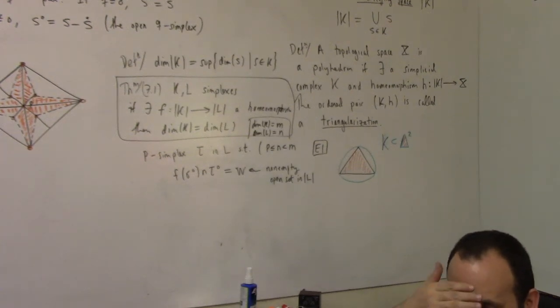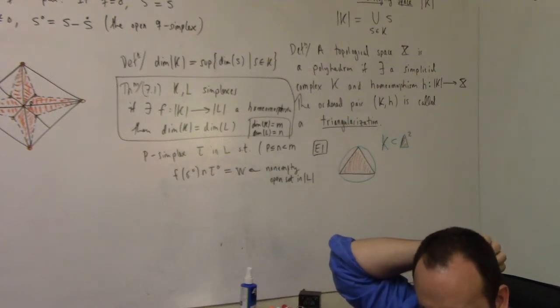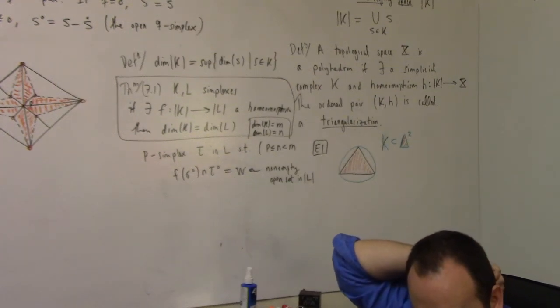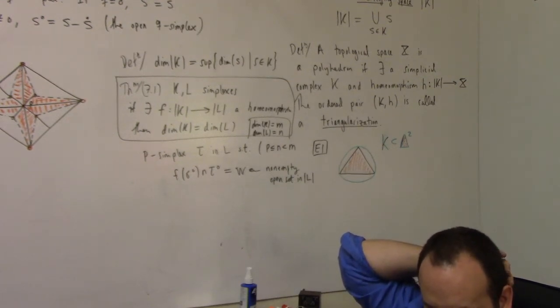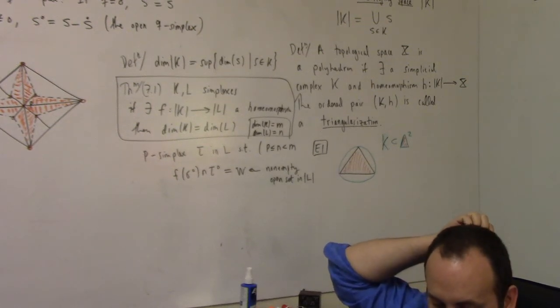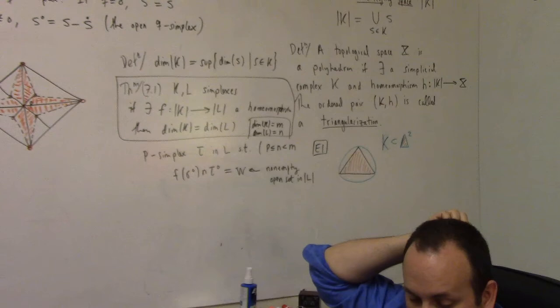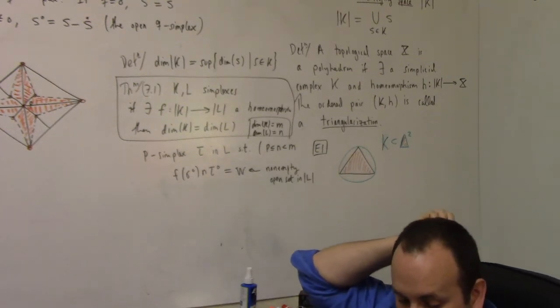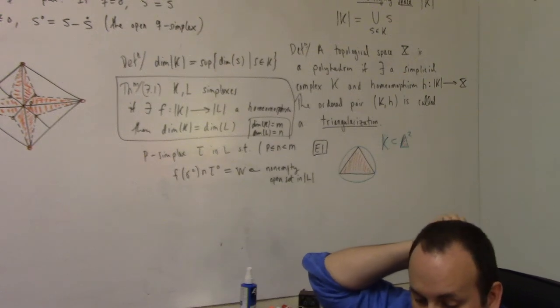Corollary 7.37 on page 172. If X is a connected polyhedron, then... Yeah, this might be it. This is a big piece of the puzzle, I think. If X is a connected polyhedron, then the fundamental group of X based at x naught is finitely presented. That is, the fundamental group has a presentation with only finitely many generators and finitely many relations.